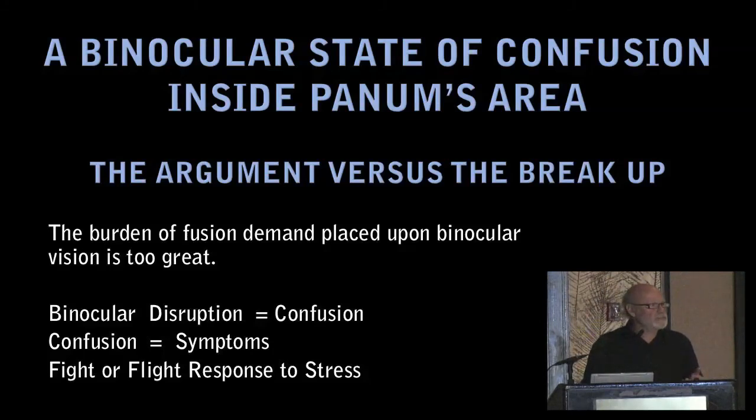It's not the break. And then there's this fight or flight response in dealing with that stress. So when we're dealing with this confusion state of a manifested disparity, you are actually looking at one word, but your eyes are not aiming in the same spot.